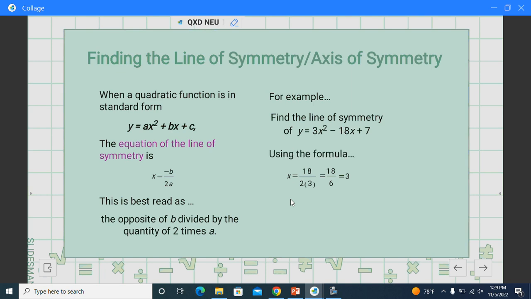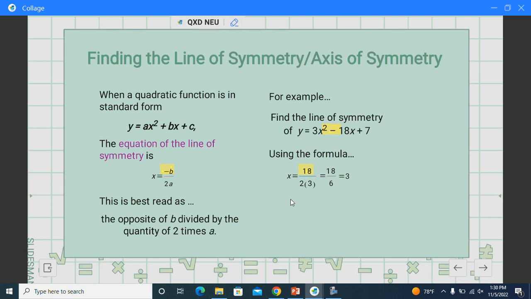Using the formula, we have negative b. What's the opposite of negative 18? That becomes positive 18. That explains why it has 18 in here.